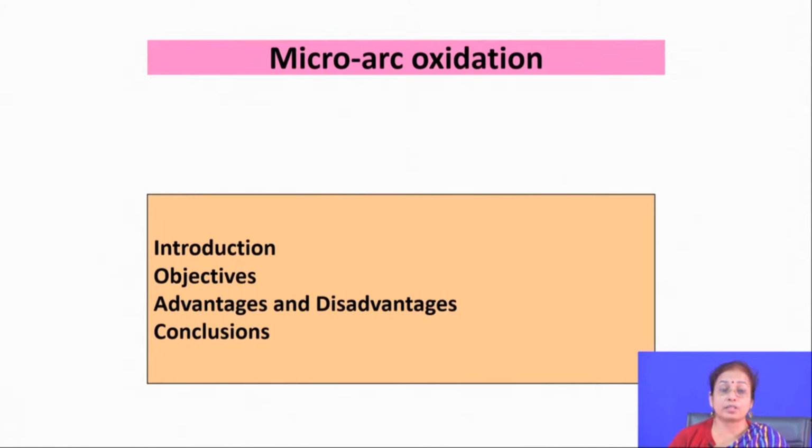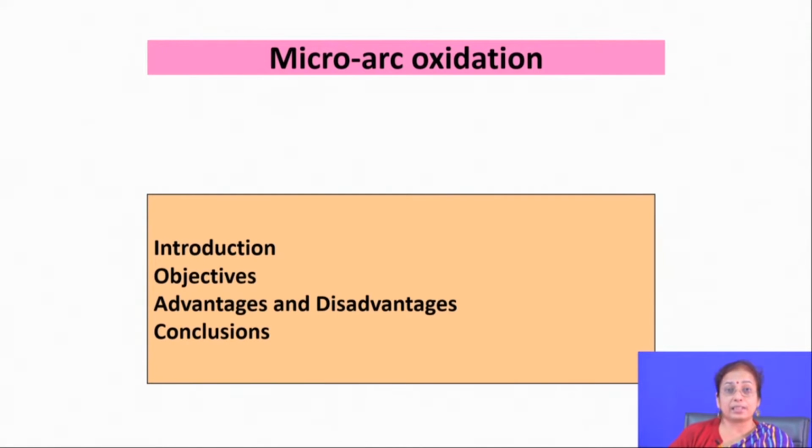That is one of the basic deliverables of micro arc oxidation. Another advantage is that because of the very thick oxide layer, this oxide can also be used for thermal barrier application and wear resistance application to a large extent.